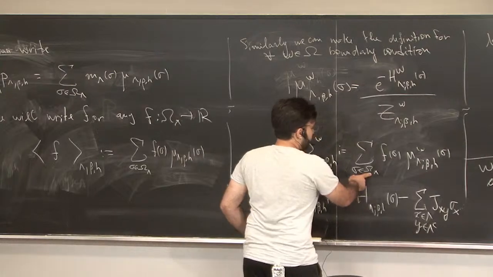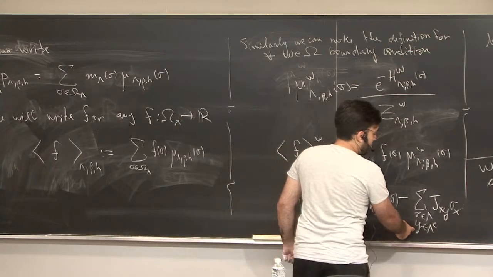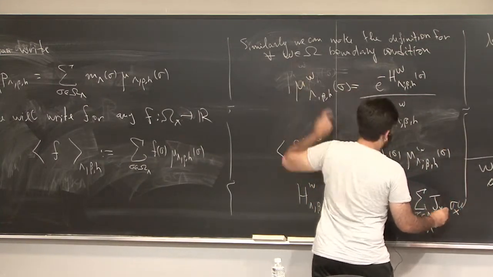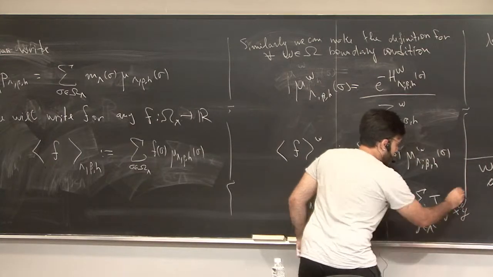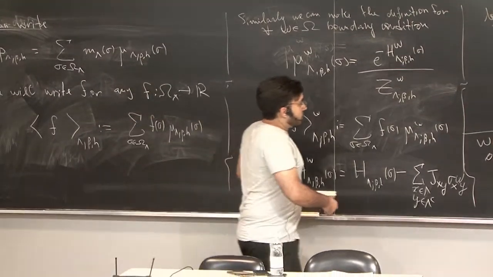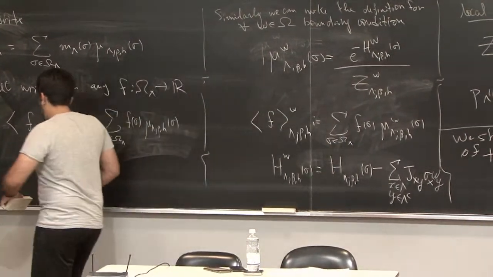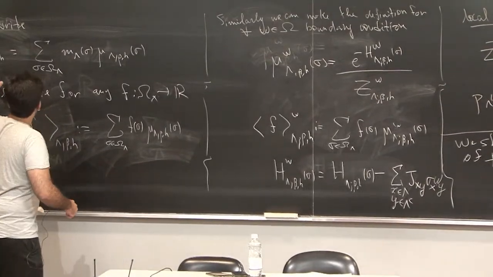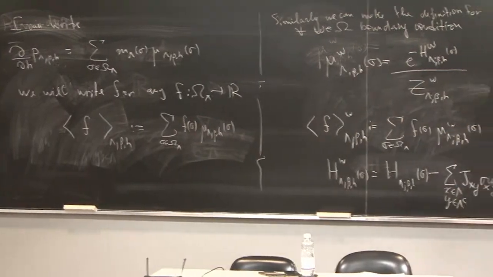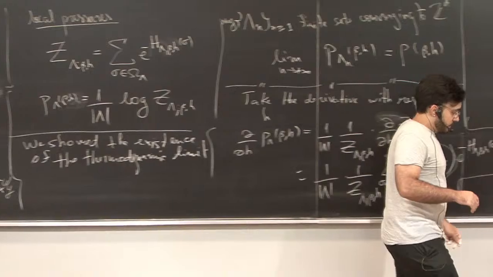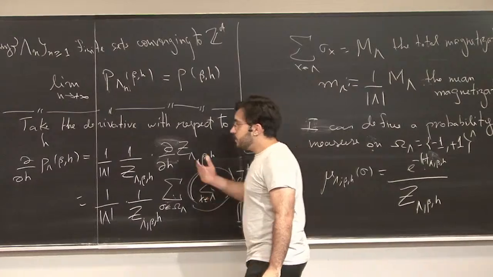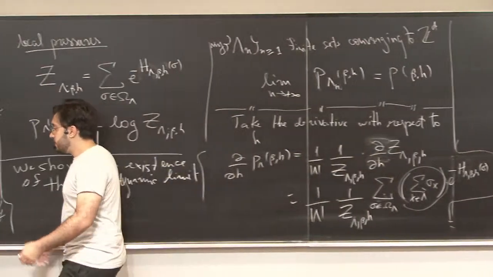And since the configurations only live on this space, I need to say what's happening outside lambda, so I use the configuration omega that is fixed. Okay. So a similar relation to this one also holds for any local pressure with boundary conditions. Okay. And as you can see, I could continue to take derivatives.